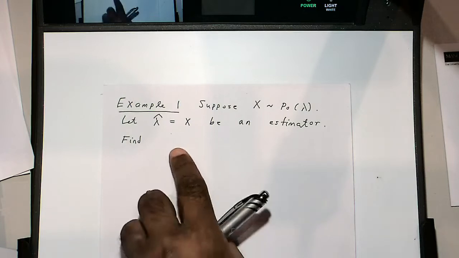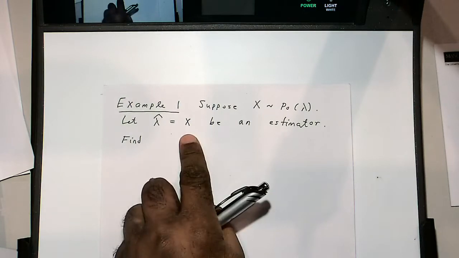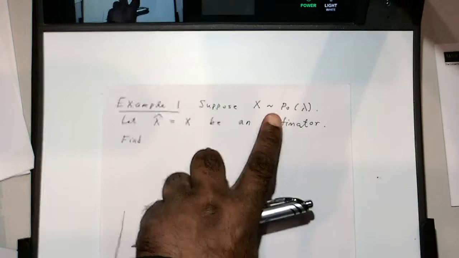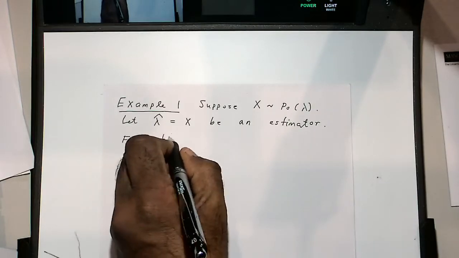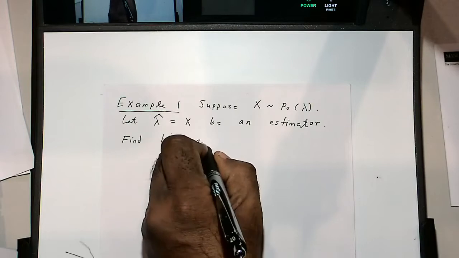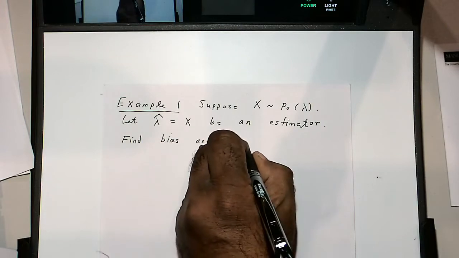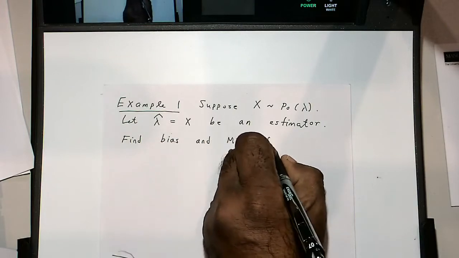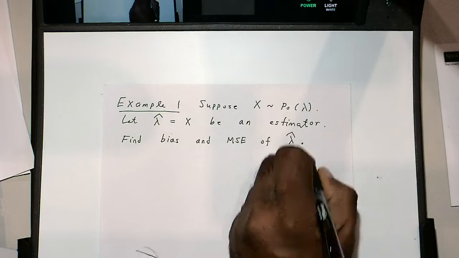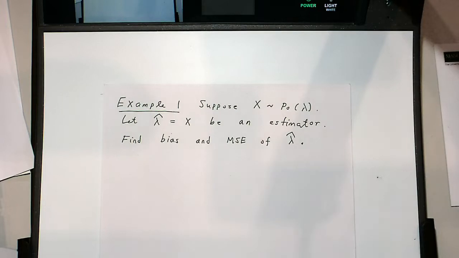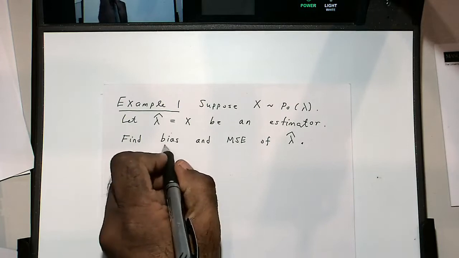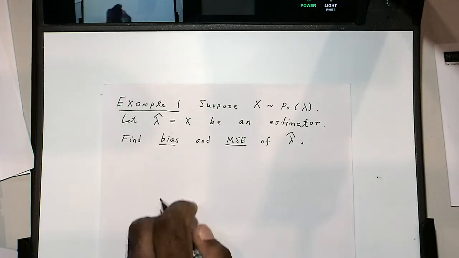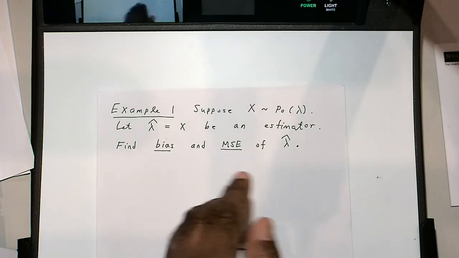So in this case, the estimator is simply x. X is the observation from Poisson, right? So we want to find the bias and the MSE of lambda hat, right?